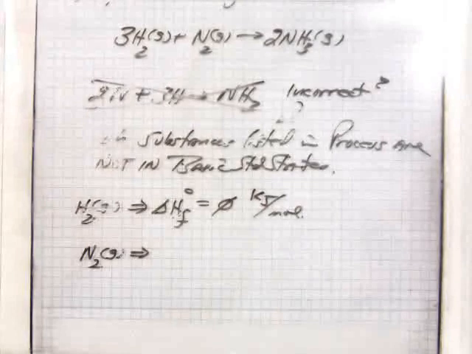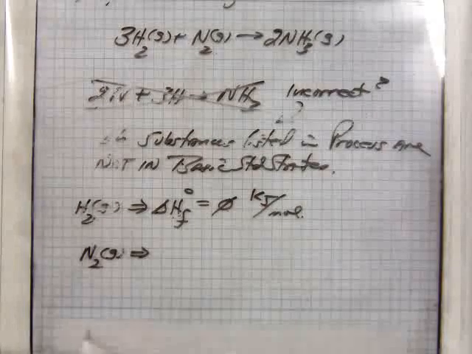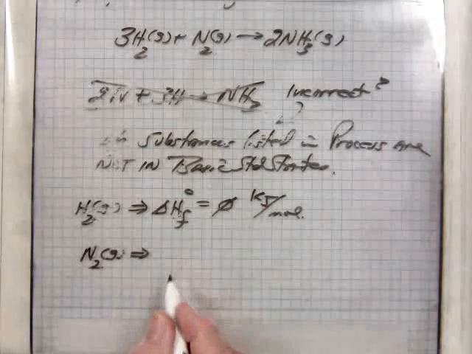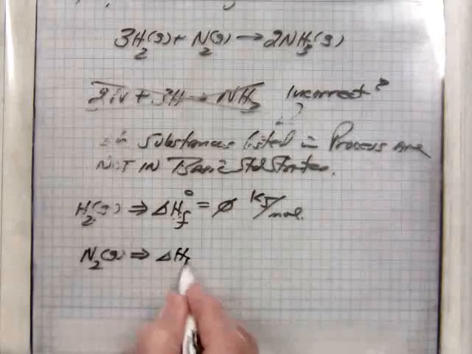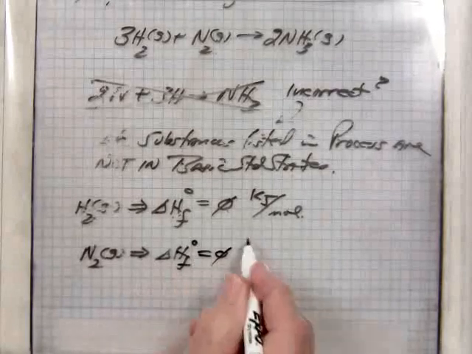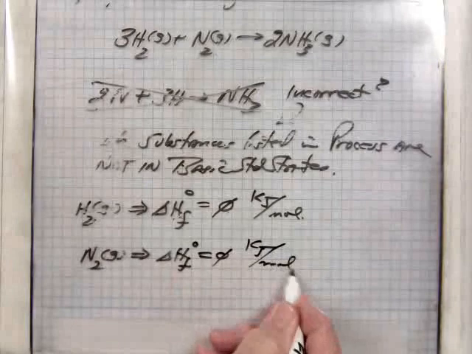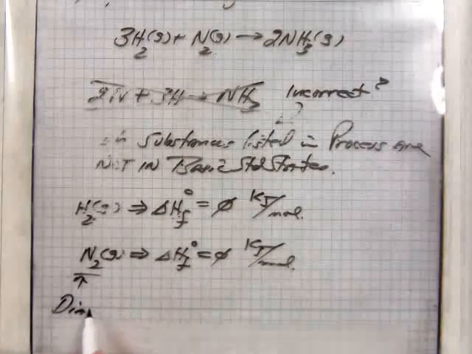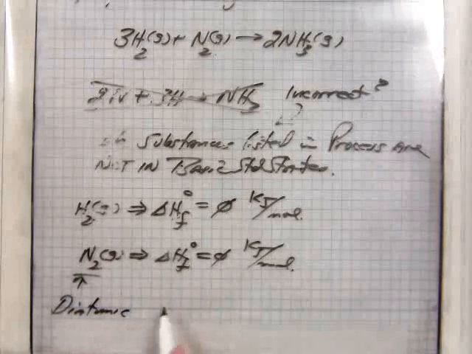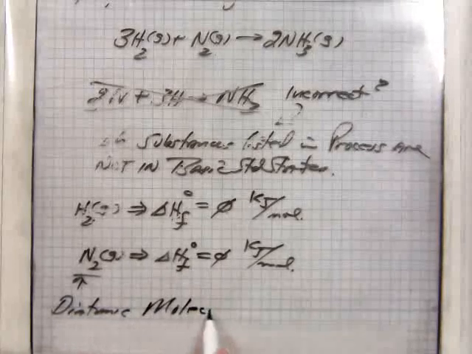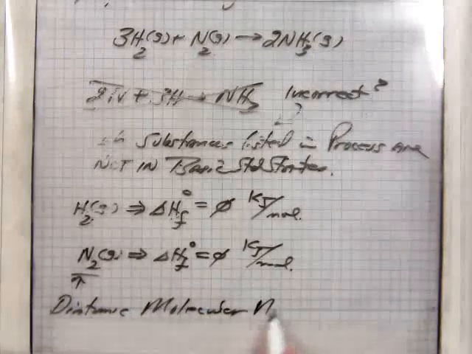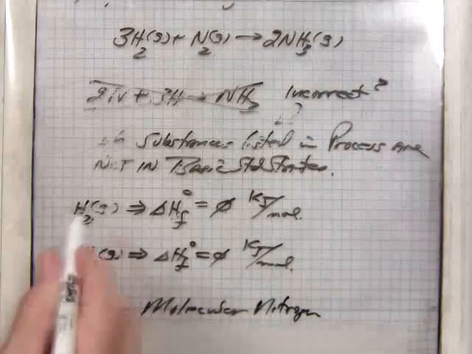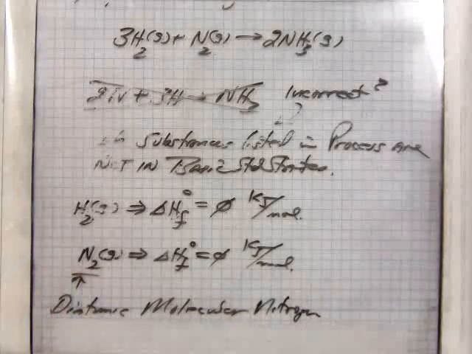Here's a little trick that I try to show my students. Delta Hf equals 0 kilojoules per mole. These are referred to as diatomic molecular nitrogen or molecular hydrogen, because they're 2 or more elements chemically combined.